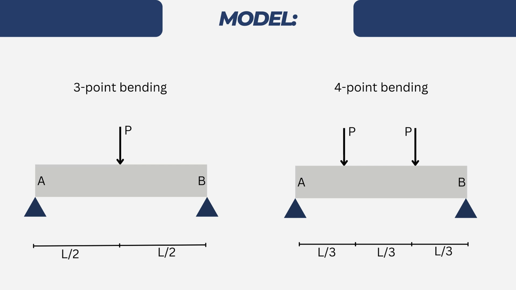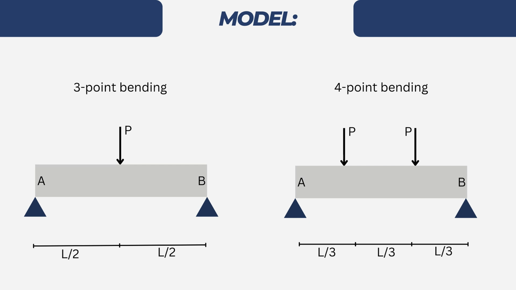So for the 3-point bending test, the specimen, the beam here, is being applied a load P in the center of the beam, and each end is supported by a reaction force from the support. Here I make it a triangle basically.